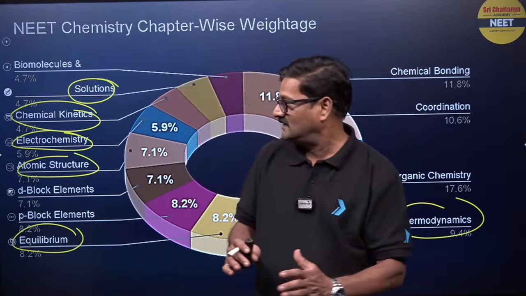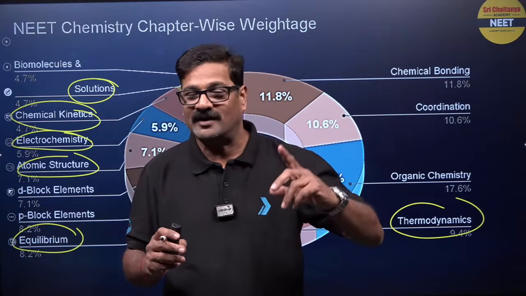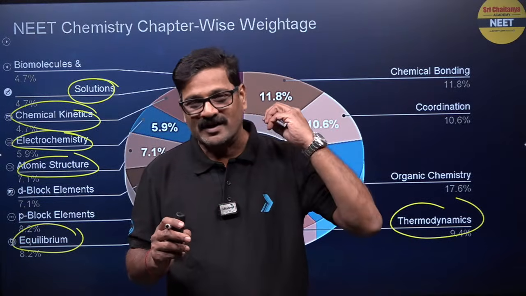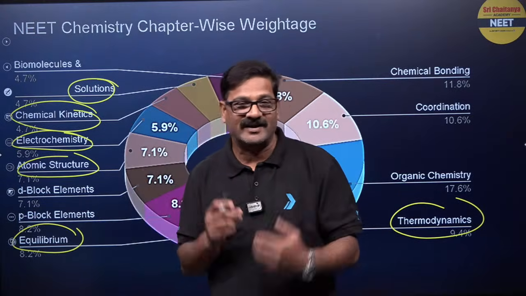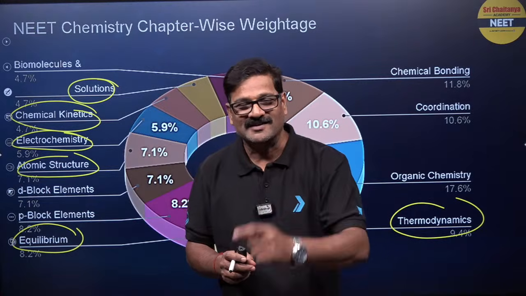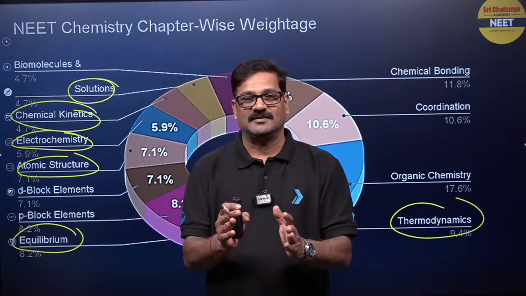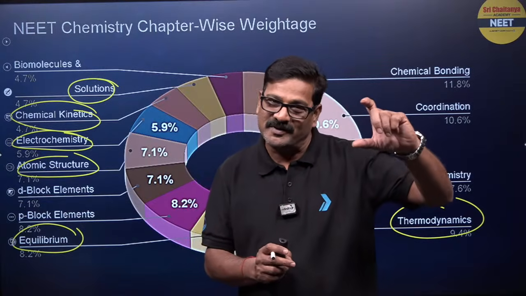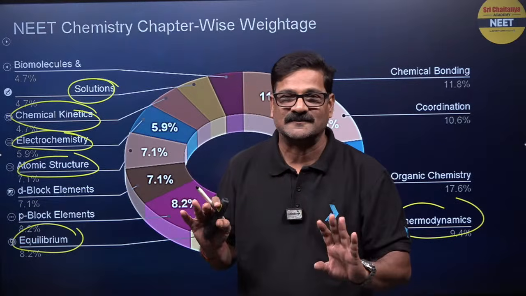Bacho, here the physical chemistry part is of two types. One, numerical. You think that if numerical comes, I'm weak in mathematics, so I can't get it. That is wrong. If a numerical comes, you should be happy because direct information is there, you know the concept, you know the formula, and the game is over.